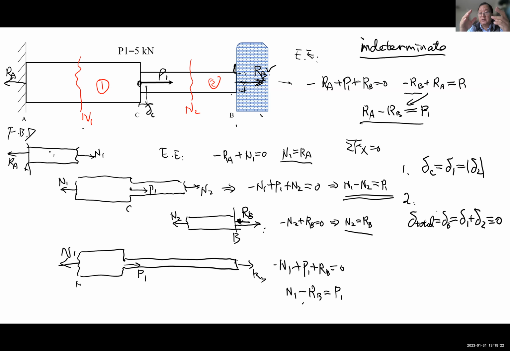Okay, so with that, what we are looking at is the deformation, how the deformation is forming with the structure. So here we find either you say the elongation of the first segment plus the elongation of the second segment add together, total should be 0, or you say the magnitudes of them must be equal, because that's how the middle point moves. So now we talk about the relation: how the first one moves, how the second one moves, how they can match each other, or what we call how they can be compatible with each other.